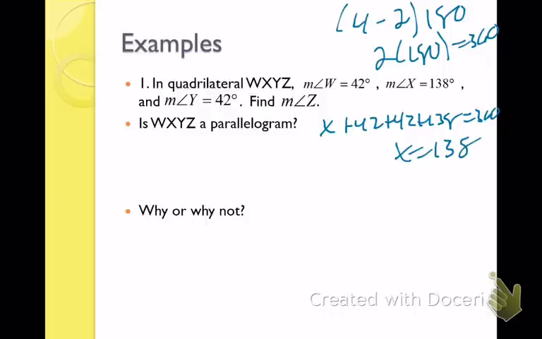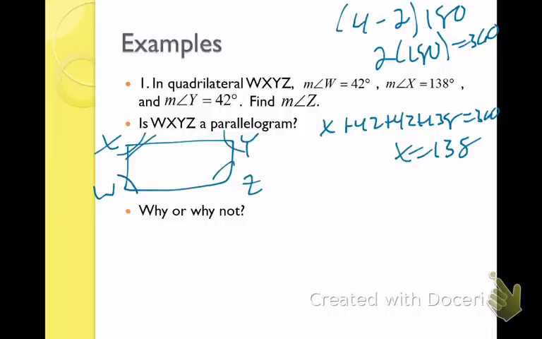Now, does that make WXYZ a parallelogram? Well, if we were to draw this, WXYZ, remember how we name quadrilaterals? You've got to start at one vertex and work your way around in order. So that's how the angles have to position themselves. Well, angle W and angle Y are congruent.